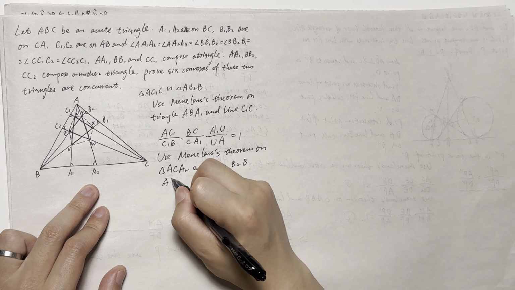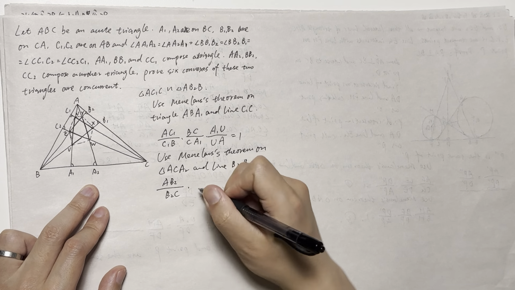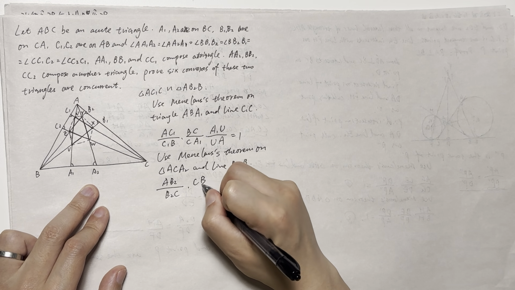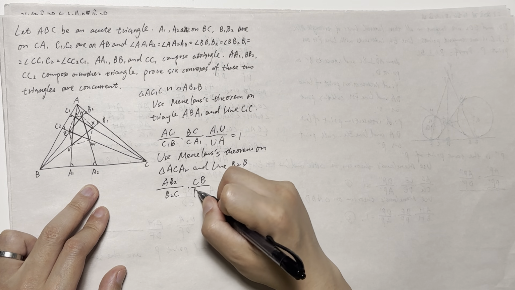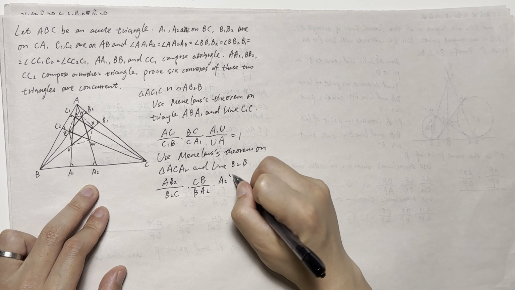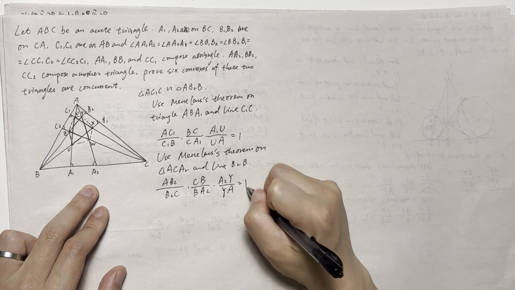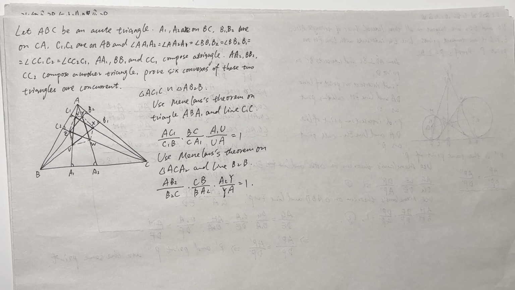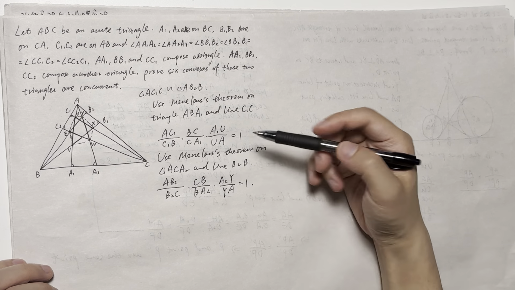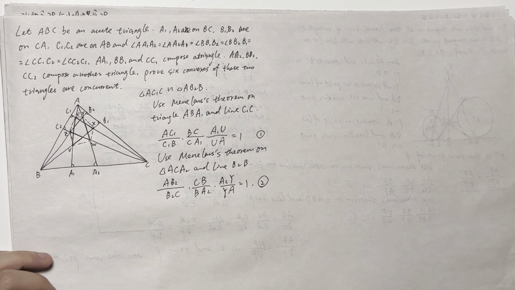So we have AB2 divided by B2C times CB divided by BA2 times A2Y divided by YA equals 1. Let's call this the first equation. This is the second equation.